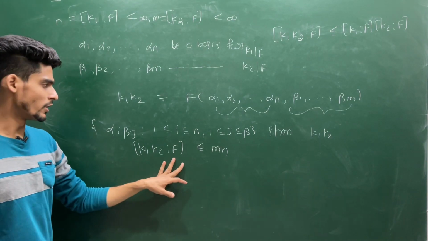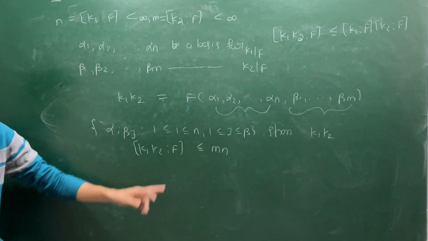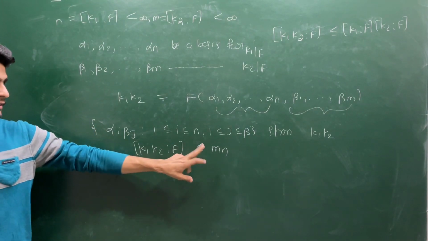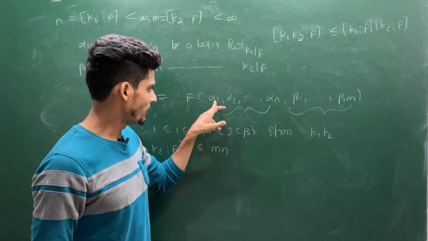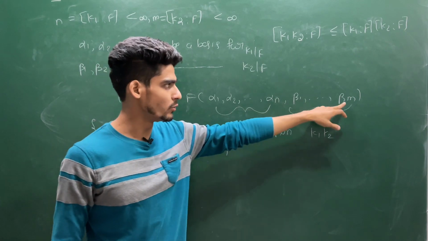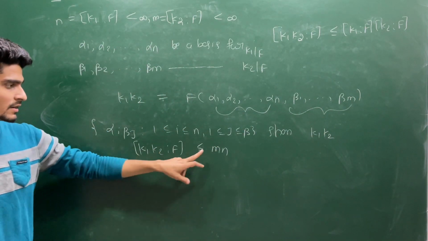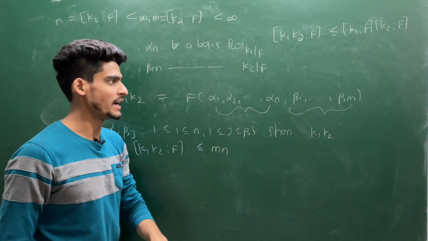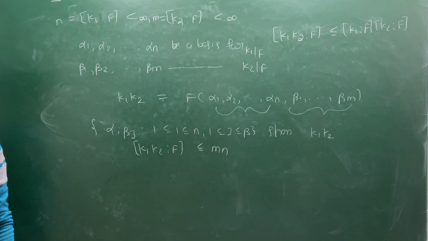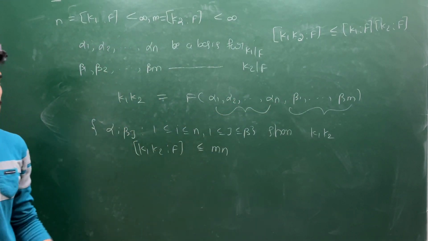Now what can you say when I can have the equality in mn? The only thing to be noted here is, if alpha 1, alpha 2, alpha n and beta 1, beta 2, beta m are all linearly independent, then I can say this basis contains exactly mn elements. If some elements are linearly dependent, then it will have less than or equal to mn elements. So if these are linearly independent, then I have mn elements.